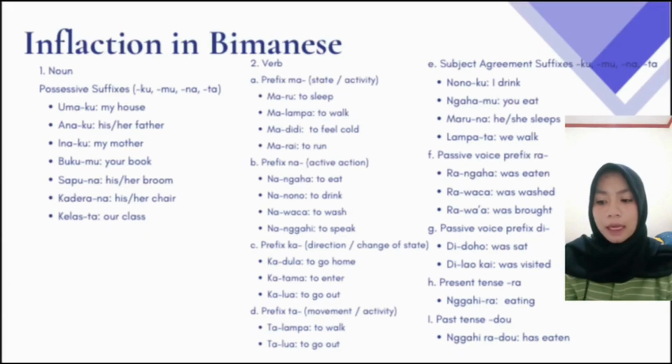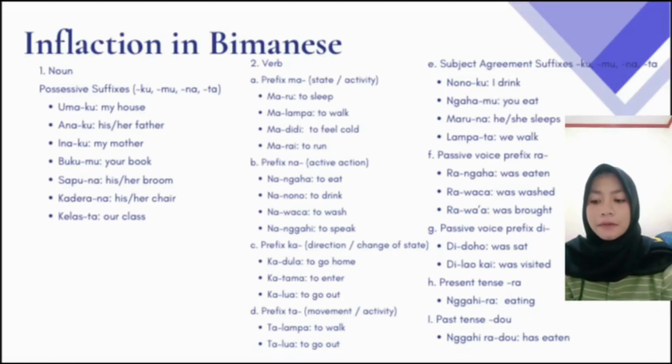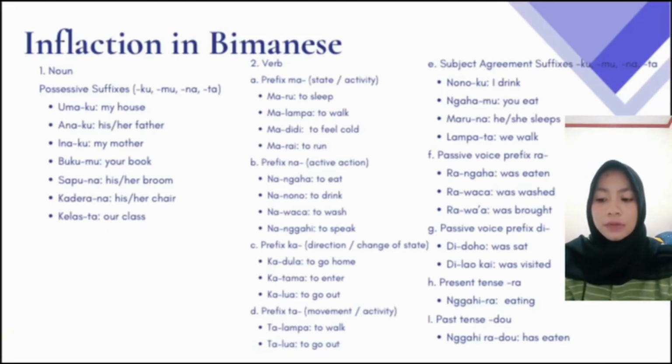For example, kadula means to go home, and katama means to enter. These prefixes help describe directional actions and transitions. And then prefix ta, which is used for movement-related activities. For example, talampa means to walk, and talau means to go out.